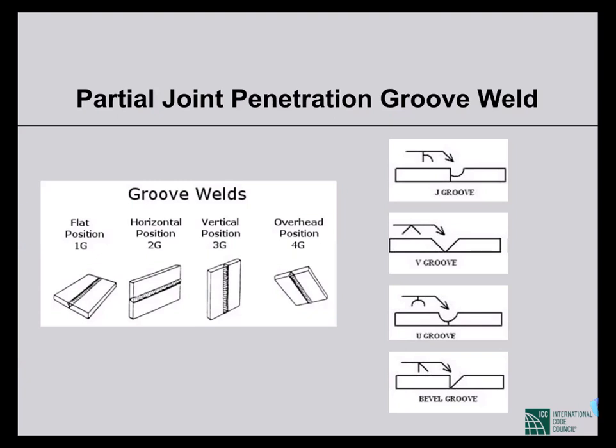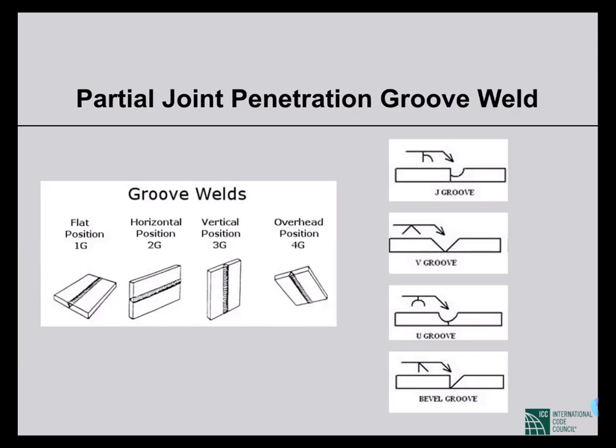The plates are vertical, but the alignment or the axis of the weld is horizontal. And vertical position is when the alignment or the axis of the weld itself is vertical. Overhead position is when we want to weld from the bottom, under a roof like that, or the top flange where we are welding from the bottom. That's overhead position.